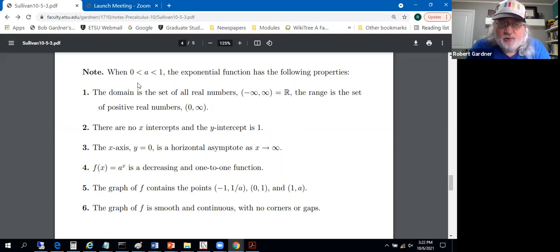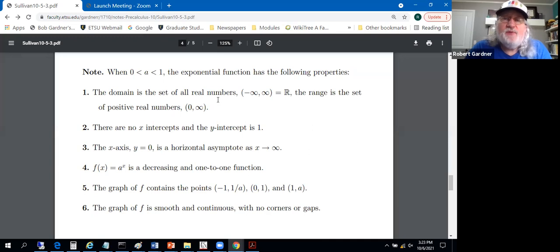And the problem underlying this, of course, is square roots of negatives in some sense. So the only other options for the base of an exponential function are a is between 0 and 1, strictly between. a equals 1 doesn't give us an interesting function. It gives us a constant function. And it's not considered an exponential function. It's not one-to-one.